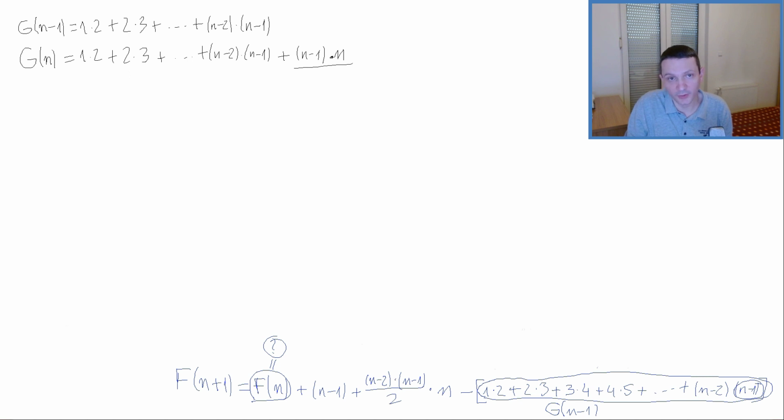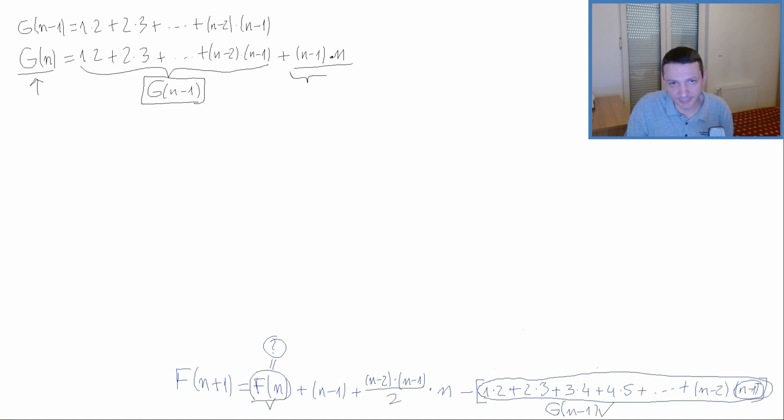So I'm adding one new term, and this is now g of n. And this without that last term is g of n minus 1. So I actually obtain again some kind of recursion for this g of n. Actually here we will need g of n minus 1 in our previous formula, which we'll use later to obtain f of n when we find this g of n minus 1 here.